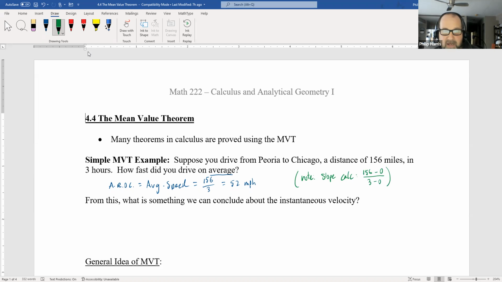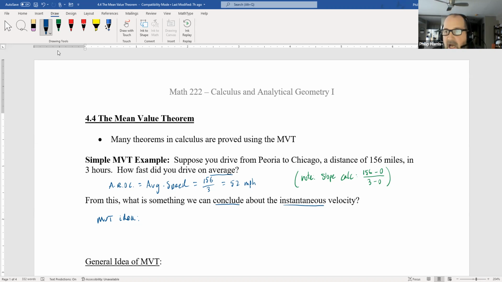So our average rate of change is actually a slope computation, right? This is an average slope, if you will. So the mean value theorem idea is the following: if we know that we averaged 52 miles per hour over these 3 hours, what is something we can say for sure about the instantaneous velocity?